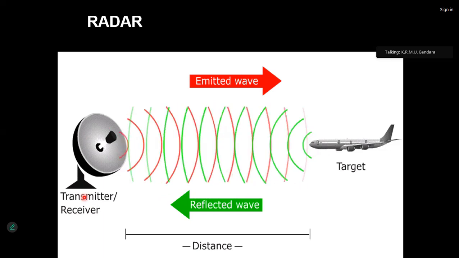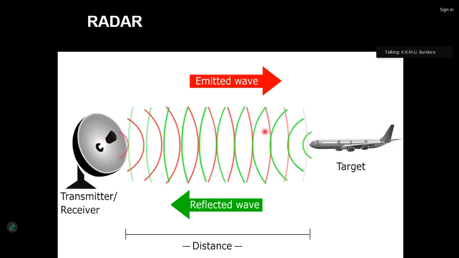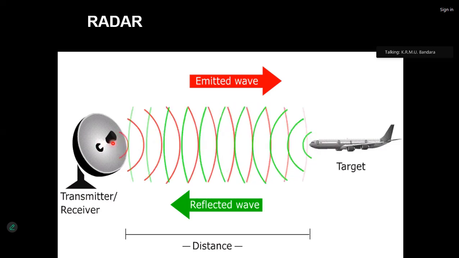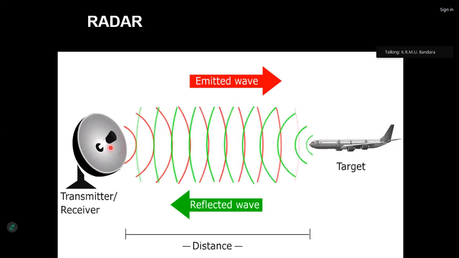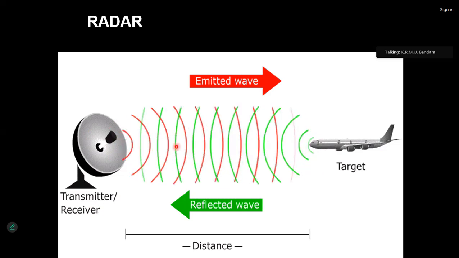The red part is sent to space, and if it touches the object, it comes back to the transmitter or the receiver. This is how they record the distance, because they know the time the pulse is sent, recorded here, and the time it is received, recorded here.